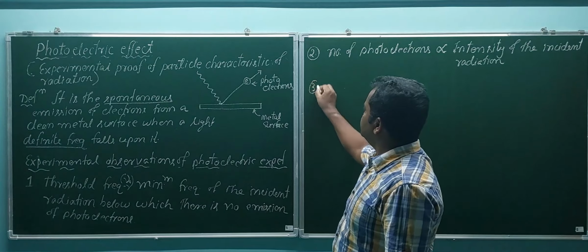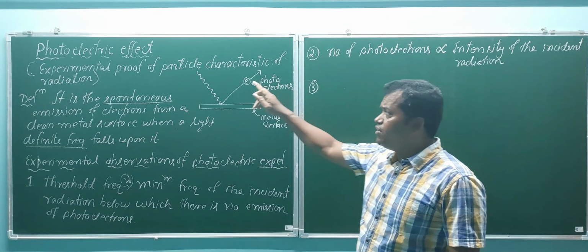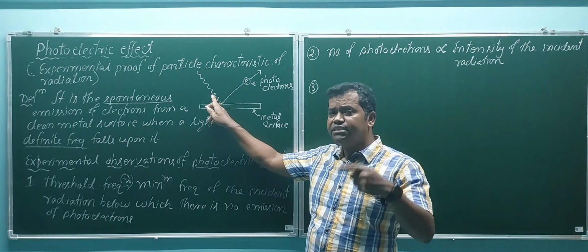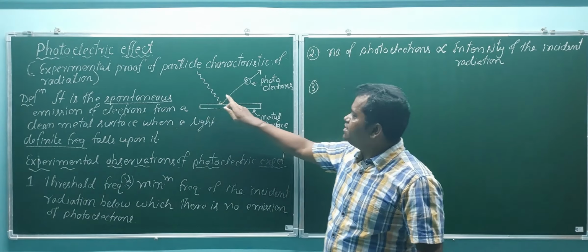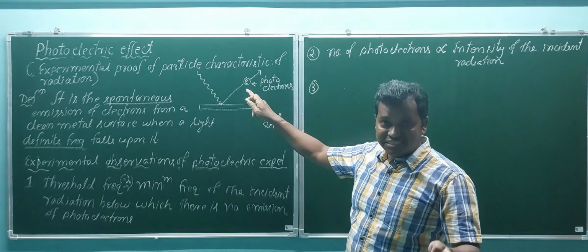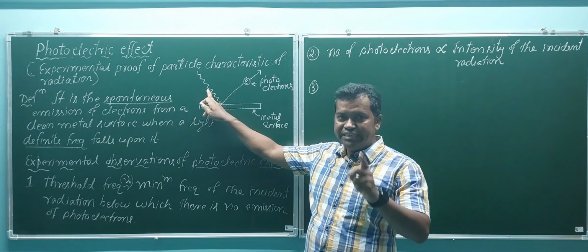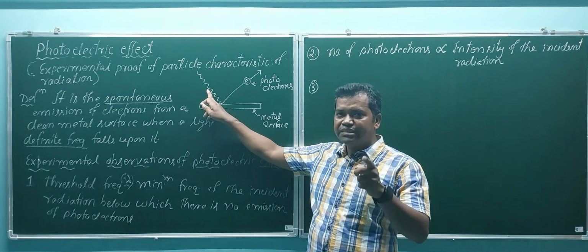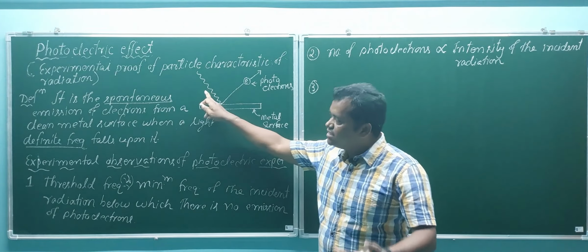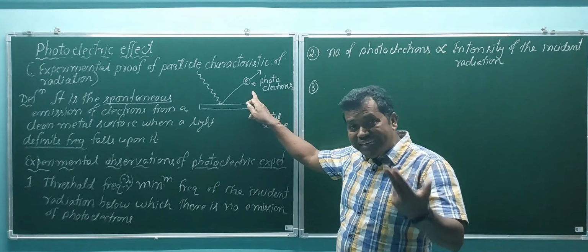Third observation. If the frequency of the incident radiation increases, the kinetic energy of the electrons also increases. I repeat, when the frequency of the incident radiation increases, the kinetic energy of the photoelectrons also increases.